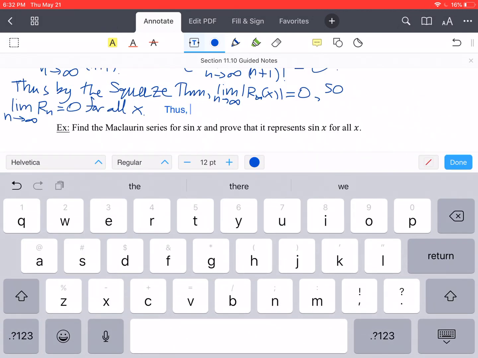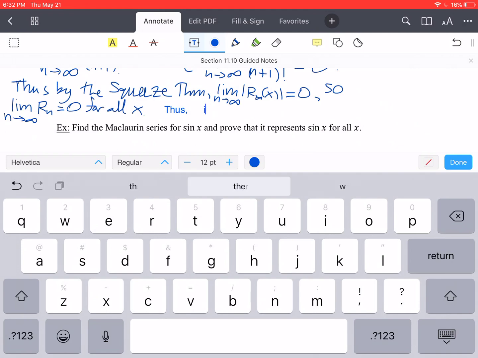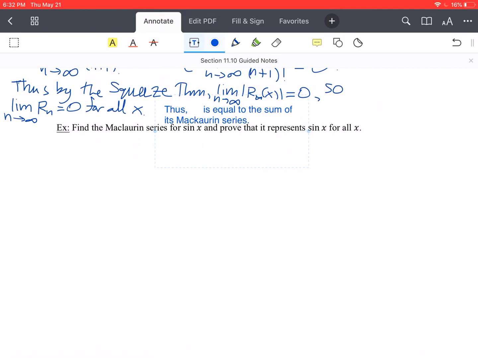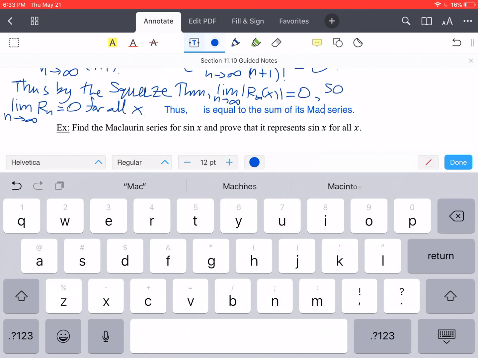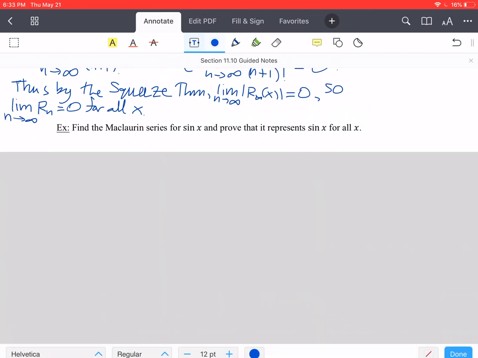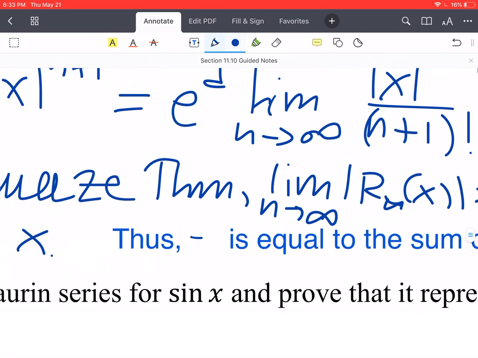thus, e to the x is equal to the sum of its Maclaurin series, and this is e to the x.